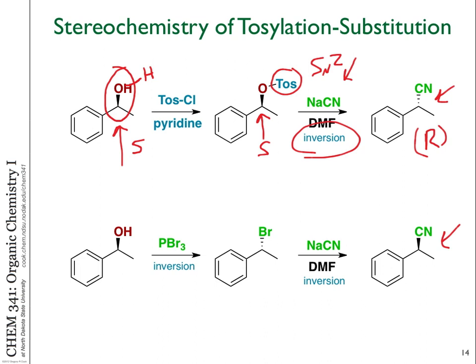We start with the S alcohol, make the OH into a good leaving group without changing the stereochemistry, and then do an SN2 reaction and invert it. Or if we want to get the same S stereochemistry, what we need to do is simply do two inversions. We do two SN2 reactions in a row.